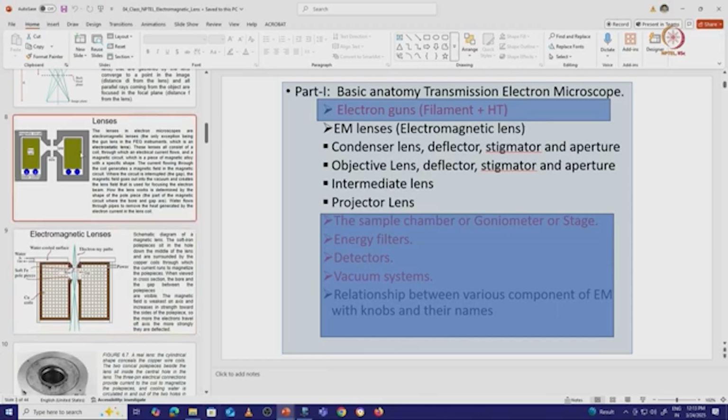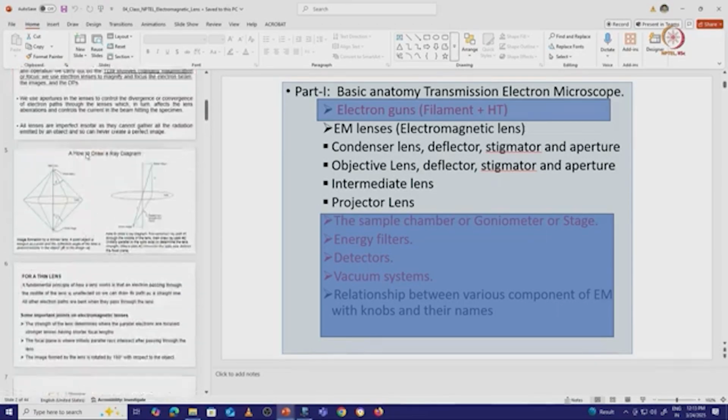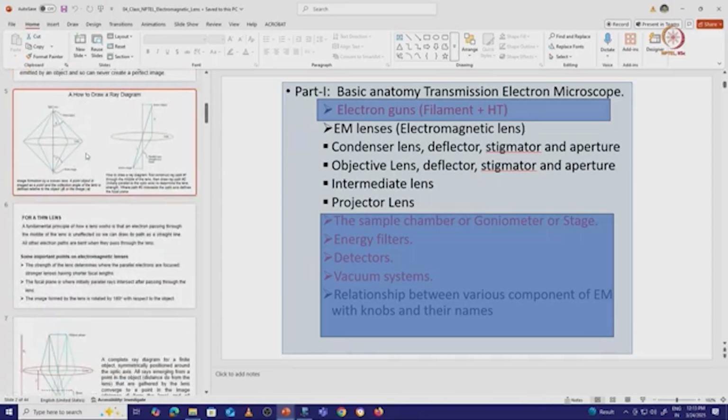Here I am showing you a diagram of the electromagnetic lens.